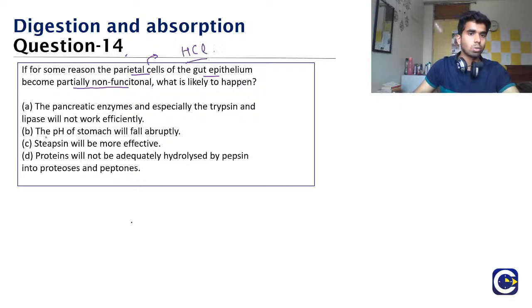Option A, the pancreatic enzymes, especially trypsin and lipase, will not work efficiently. Option B, the pH of the stomach will fall abruptly. Option C, steapsin will be more effective. And option D, proteins will not be adequately hydrolyzed by pepsin into proteoses and peptones.